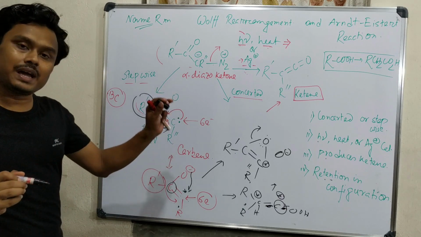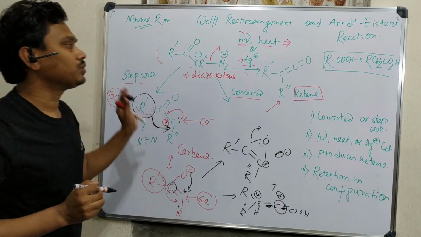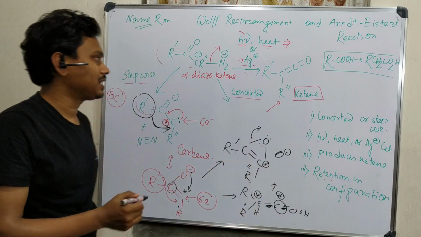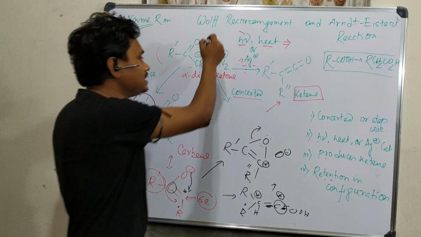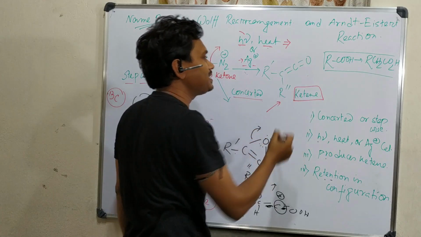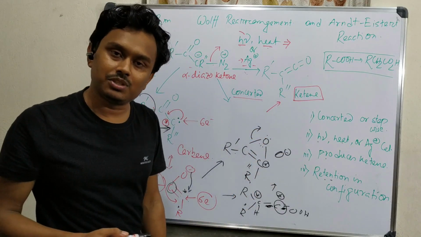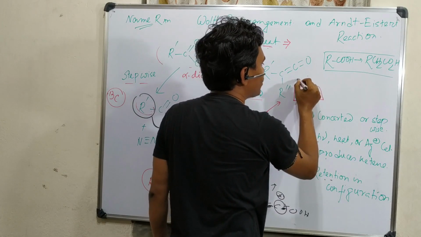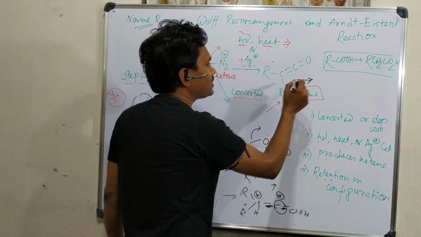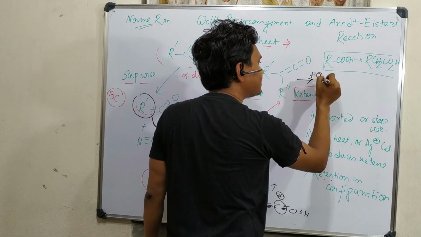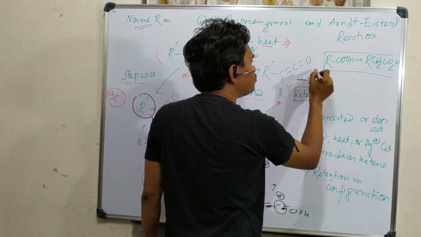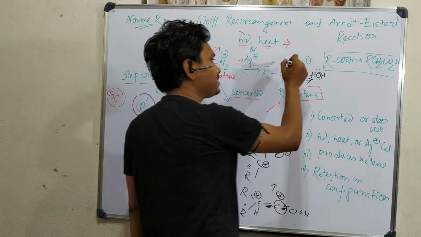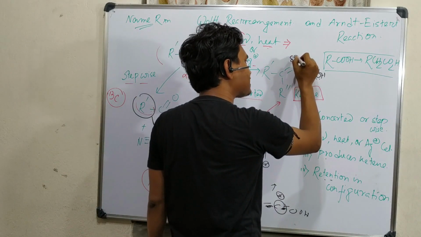So this Wolff rearrangement, as we have observed, produces a reactive intermediate ketene through this pathway. This is the mechanism. The Wolff rearrangement produces the ketene, but ketene is a reactive intermediate, that's why it undergoes further reaction in the medium. If we take water, a weak nucleophile, it can attack this center because it's highly electron deficient and activated, a delta plus.